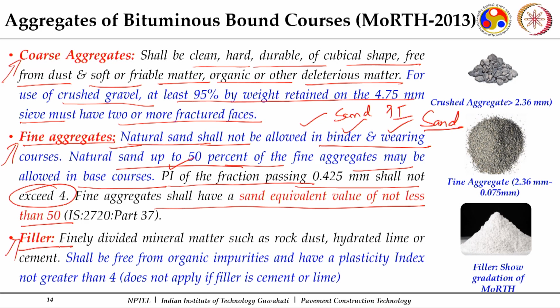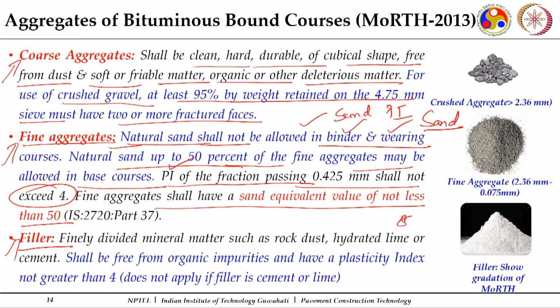Then comes the filler, the finest one. Normally, the material passing through 75 micron should be in the range of 85 to 100%. Filler is usually the material which passes in this percentage through the 75 micron sieve, and this material can be rock dust produced from stone quarries, hydrated lime, or cement.